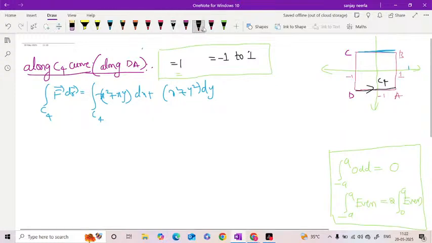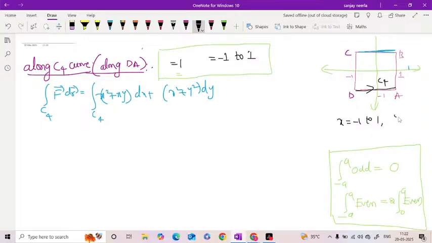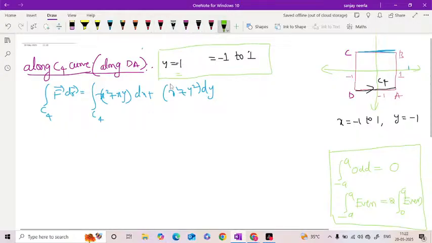The x value is running from minus 1 to plus 1. The y value is minus 1. That means dy is entirely 0, but x varies, so dx remains.